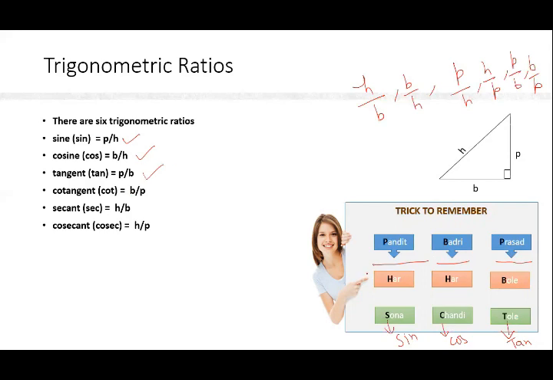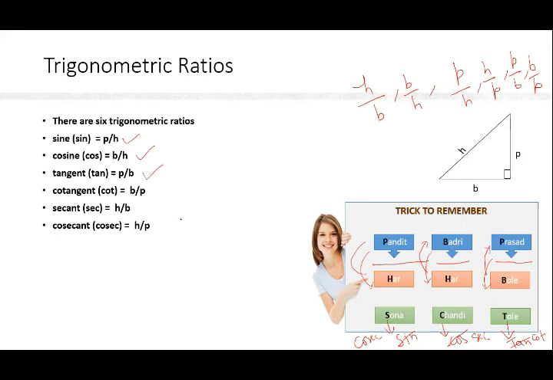Now, if I interchange the position of numerator and denominator everywhere, we will get another trigonometric ratio. Then we can call this trigonometric ratio cosec, this one sec, and this one cot. You can see here cosec is equal to, if I take the reciprocal, h will go in the numerator and p will come in the denominator.